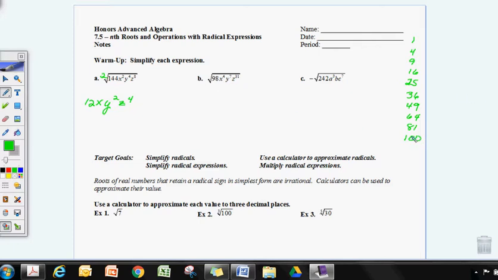So 98 would fall in between them. I keep looking. I see that this is the square root of 49 times the square root of 2, and then all of the exponents behind it. Square root of 49 is 7. The square root of 2 is going to stay on the inside.